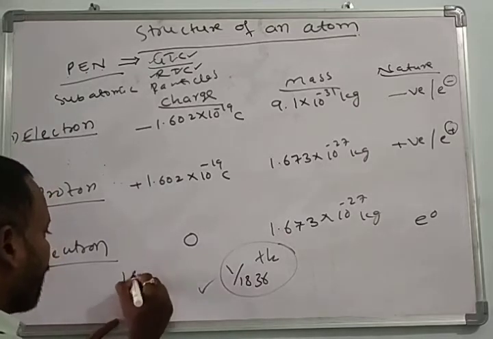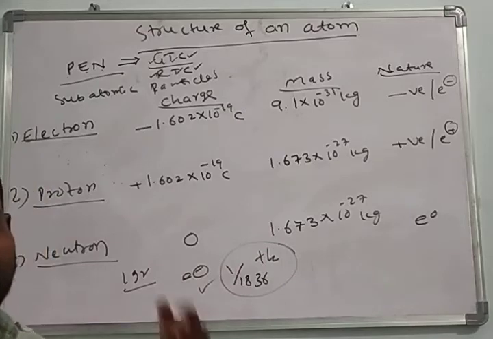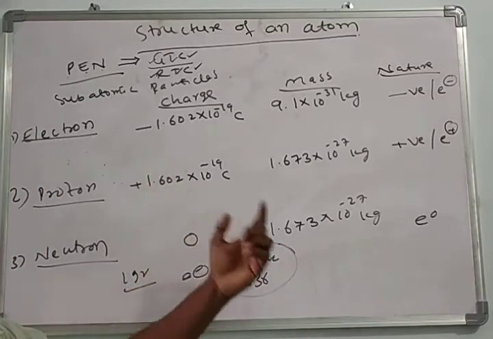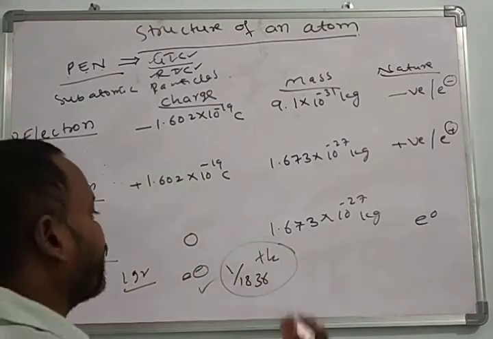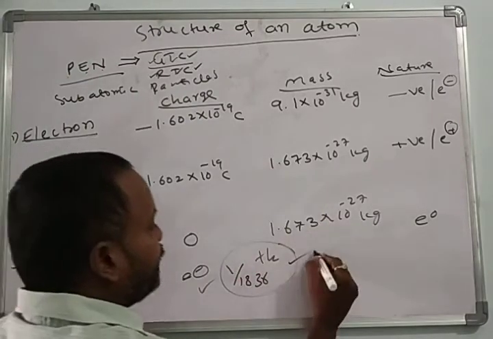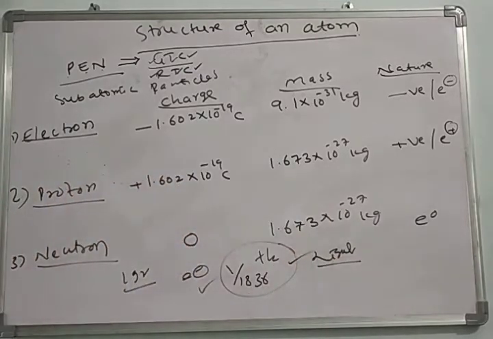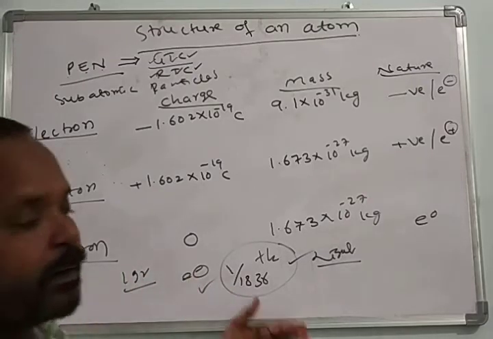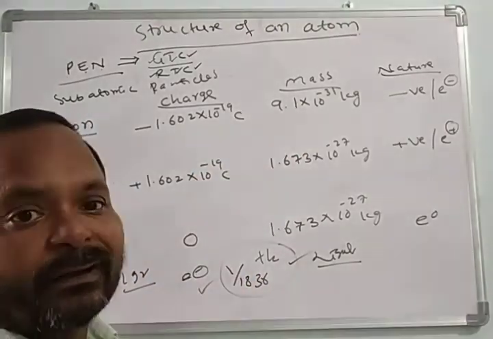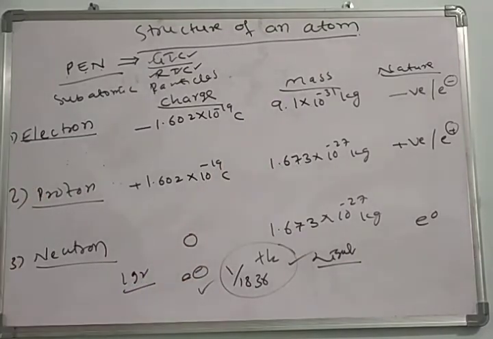For example, if proton mass is 1 gram, electron mass is 1 by 1836 parts of that. So the electron is a very light particle compared with the proton. That's why protons always stay at the nucleus, and electrons always revolve around the nucleus.